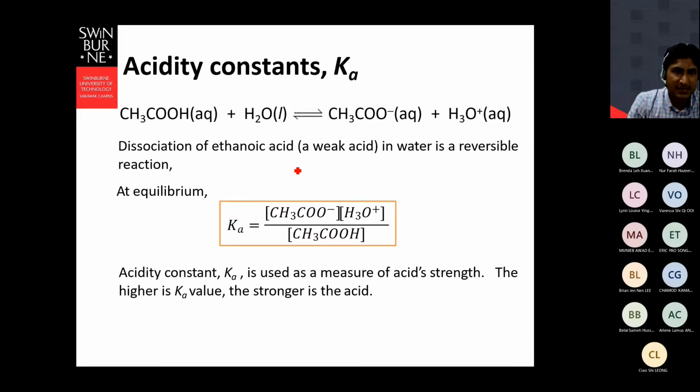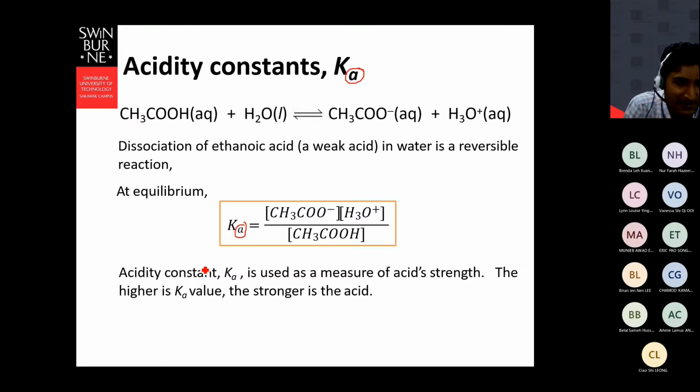Acidity constant. Same as the equilibrium constant, for acid we denote this with Ka. The Ka means this is an acidity constant, and it is only for weak acids.